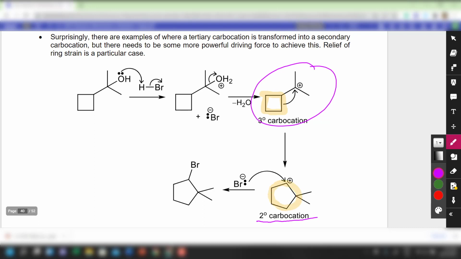So this is known as a ring opening, or ring expansion. It expands from a 4-membered ring to a 5-membered ring. So such ring expansion helps to create a more stable carbocation species, despite it not being tertiary.